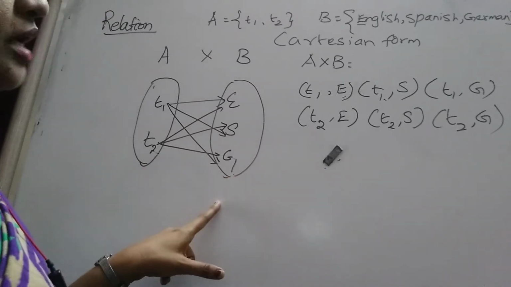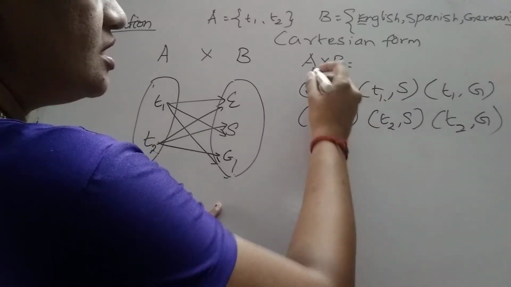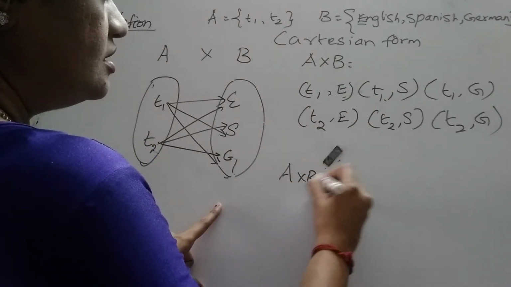So we represent A cross B as the set of all these elements.